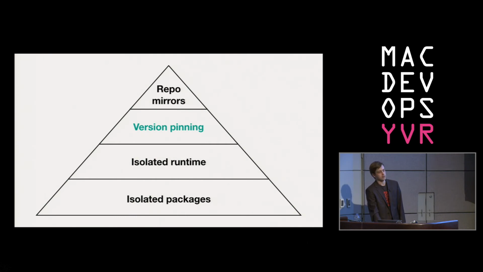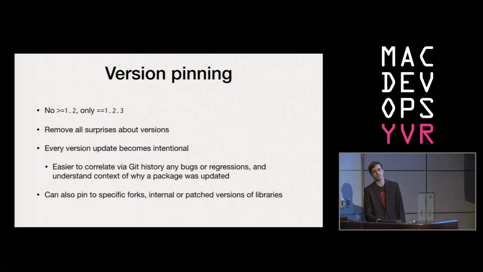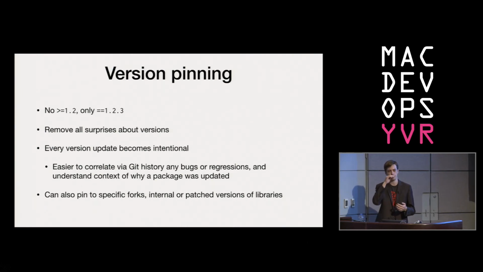So, version pinning. The idea here is that in a pip requirements file, you can define the versions very loosely. You can say, just give me the latest version of the requests package, or you can pin them, so you can say, I know I need to have at least this version. It can't be lower, but it's okay if it's higher.